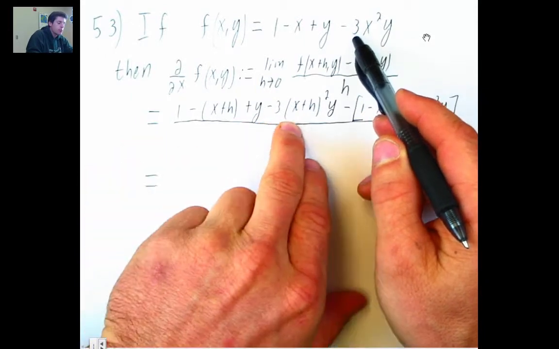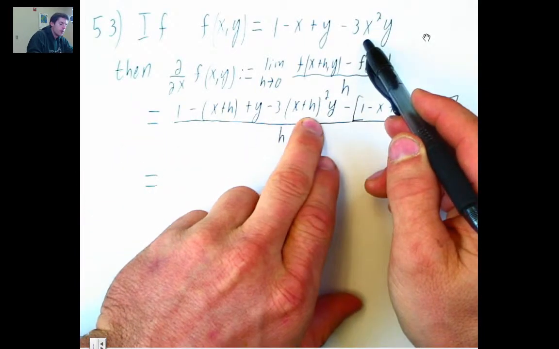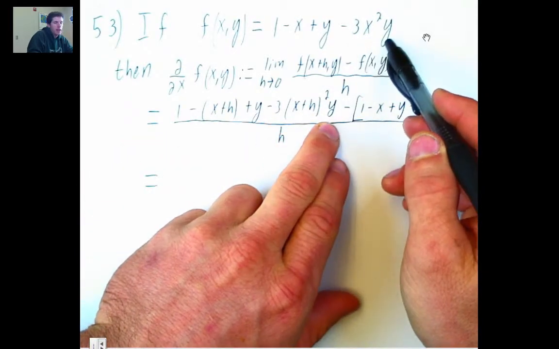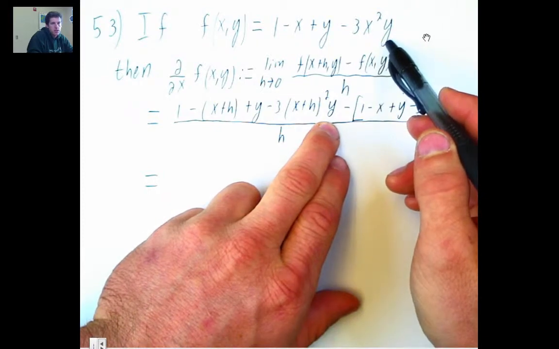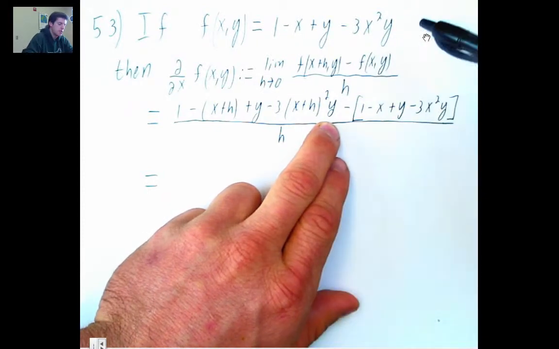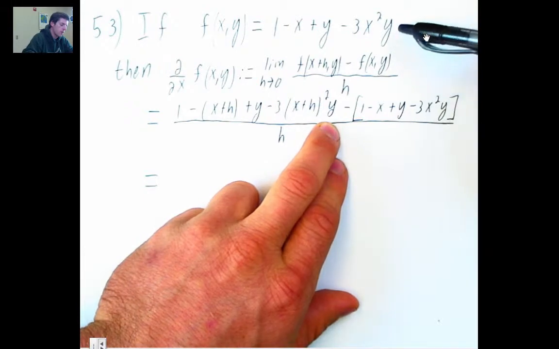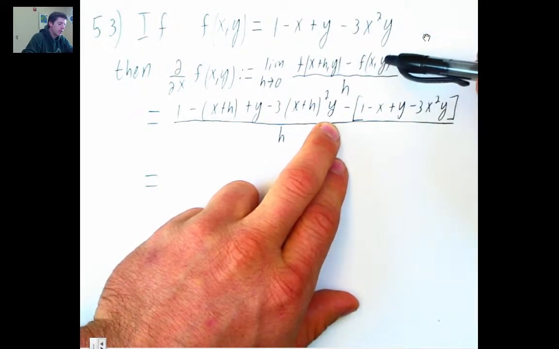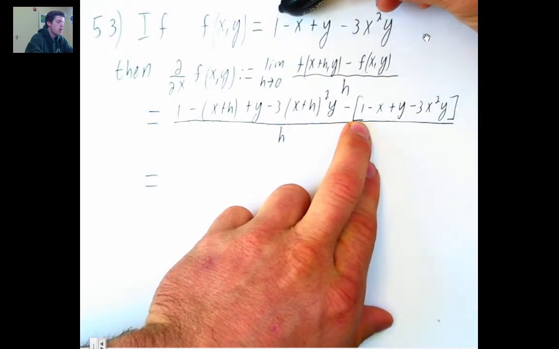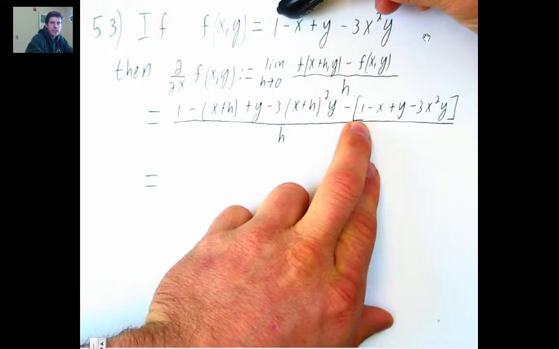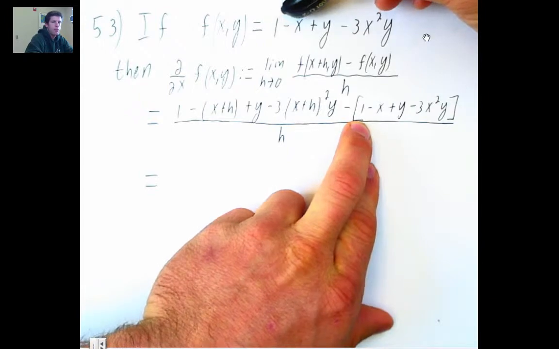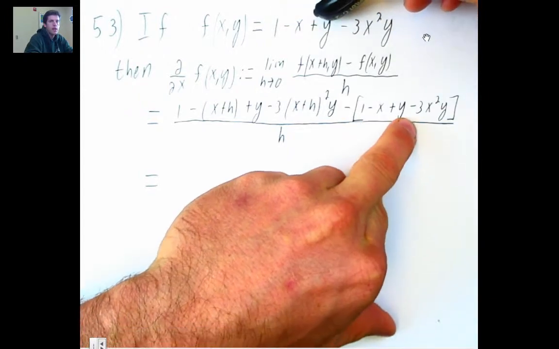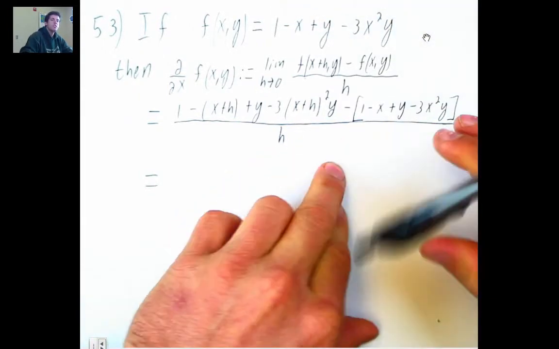Minus 3(x plus h) squared, notice the parentheses, times y. I say notice the parentheses because this is a common mistake I see students make, failing to put in parentheses. Okay, and then I subtract from that f of (x, y), which is simply this expression with x replaced by x. That is to say, everything stays the same. 1 minus x plus y minus 3x squared y, over h.